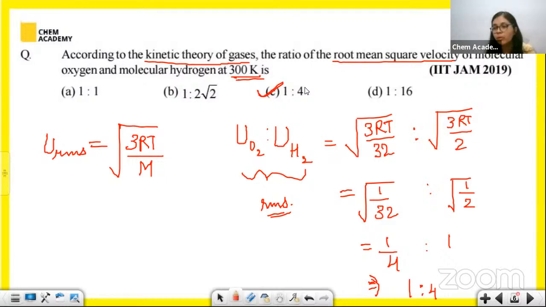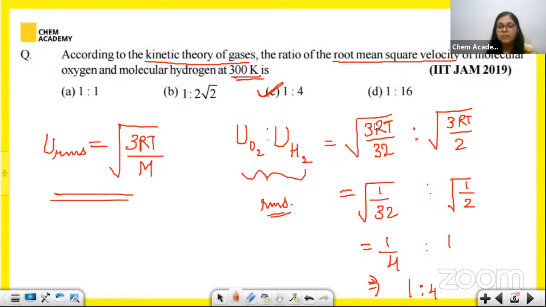Most probable velocity. In this question, what have we been given? We have been given the root mean square velocity. So the formula for root mean square velocity is this. URMS is equal to under root of 3RT by M. Okay. So if we have to calculate the ratio, how can we do that?